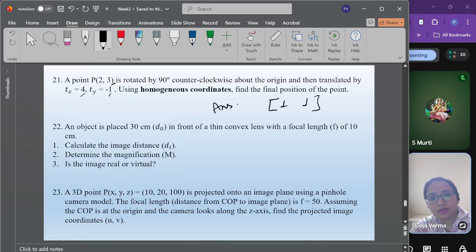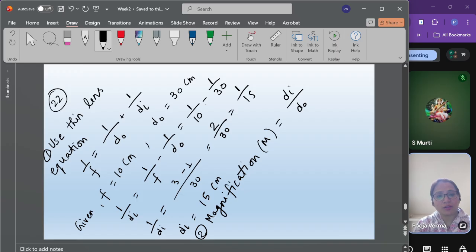Here it is given that an object is placed 30 centimeter, d naught, in front of the thin convex lens. So the image will form after the convex lens, so the minus sign will be there, right? Because the image will form on the opposite side. Already we have seen in one question why we are taking the negative sign.